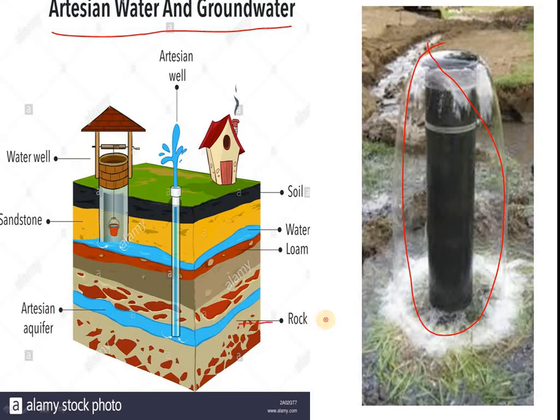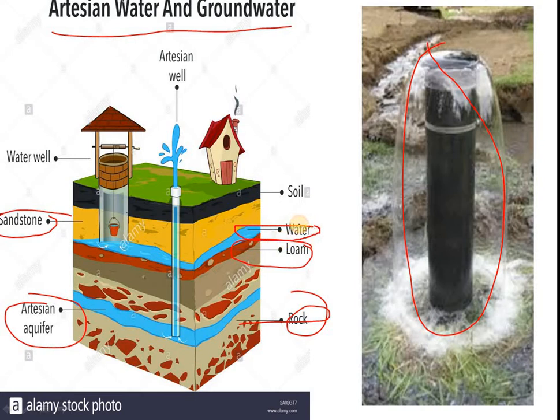So this is the rock layer, and the second one is the artesian aquifer where the water will be available, groundwater. This is the loam soil, this is the sandstone, and this is the water which we will be availing, the second one. This is another, black cotton soil, and this is the water well.